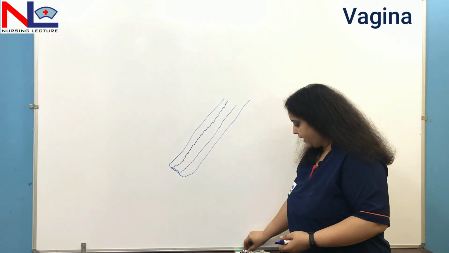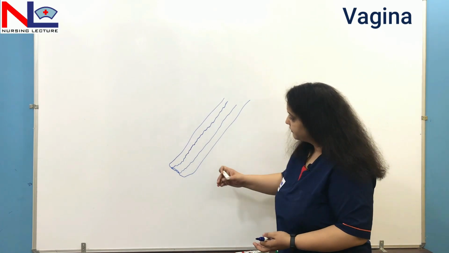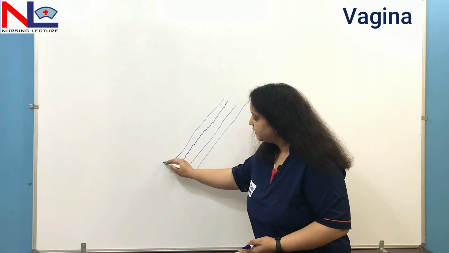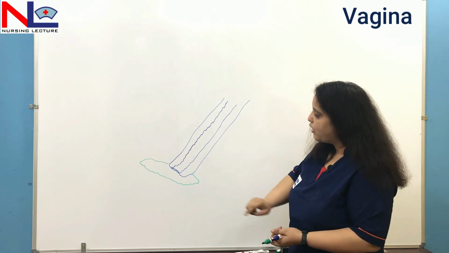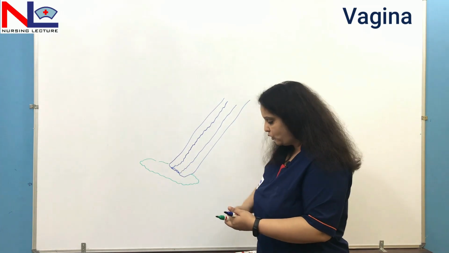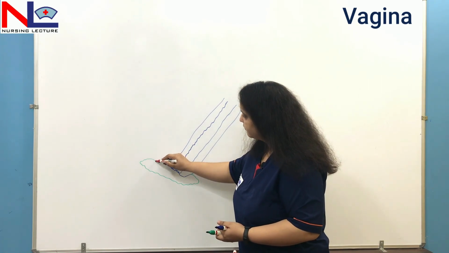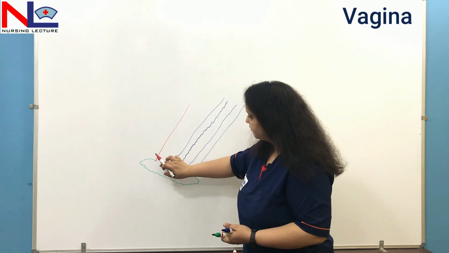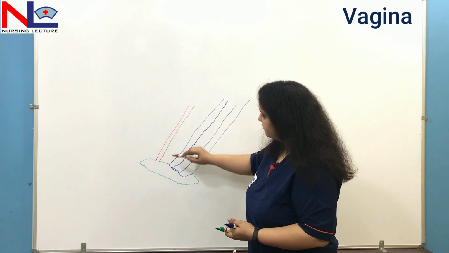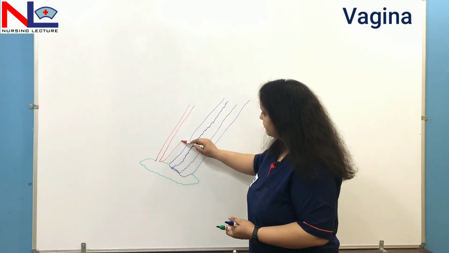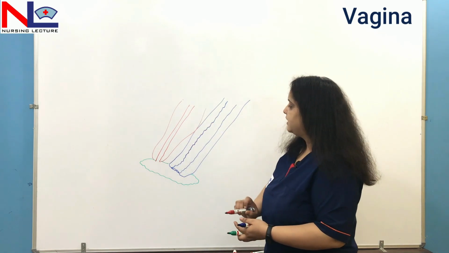And this opens into the vulval part, yes, in the posterior aspect, because anteriorly there is a urethral opening. So here is the urethra.